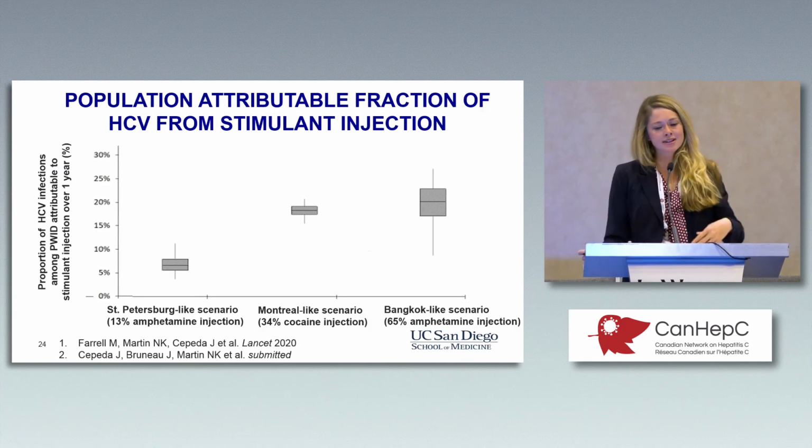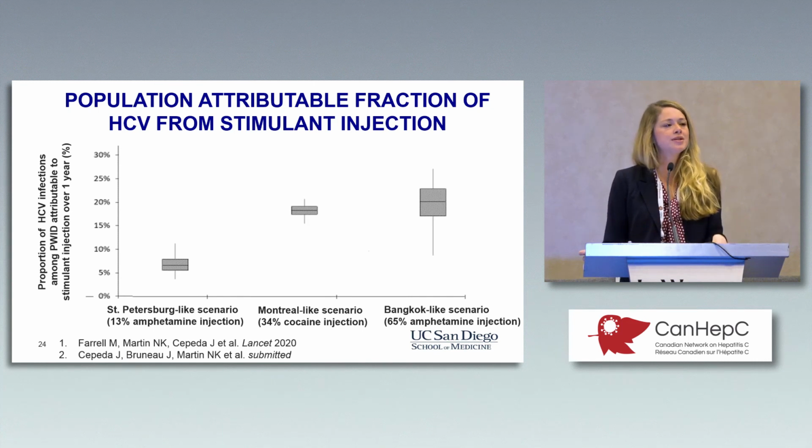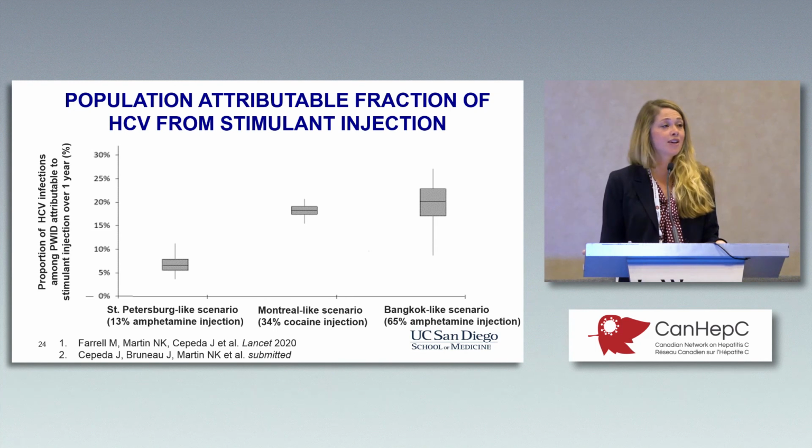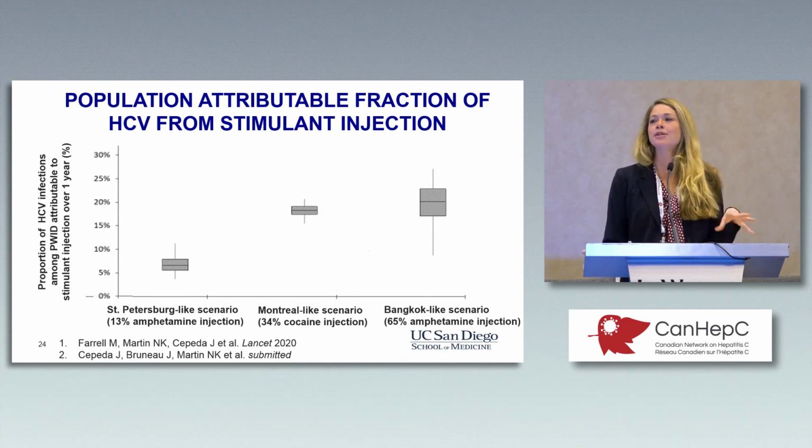And if you look over the next year and estimate the proportion of new hepatitis C infections which could be attributable to the risks associated with stimulant injection, we could see that in a low prevalence setting like St. Petersburg, about 7 or 8% of new HCV infections could be attributable to stimulant injection. Whereas in Montreal and Bangkok-like scenarios, where between 30 and 65% of the population injects stimulants, you could have as much as 20% of new hepatitis C infections attributable to stimulant use.